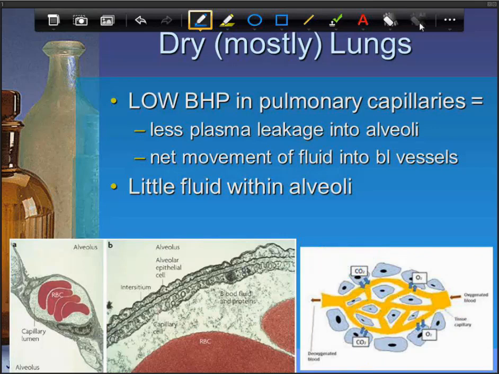Now, let's go over here to this blood capillary on the left. Blood capillary alveolar area. Here's the blood vessel inside here. You've got a blood osmotic pressure, again, around 25, pulling fluid in from the alveolus. The alveolus is here.